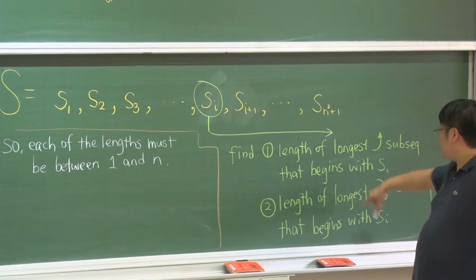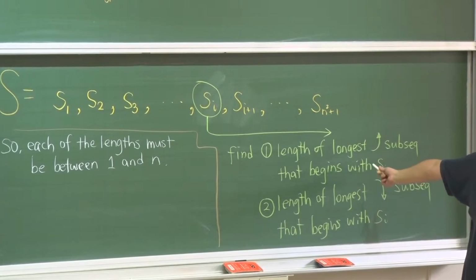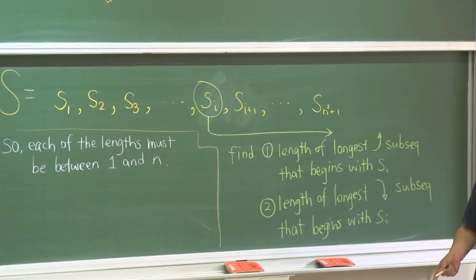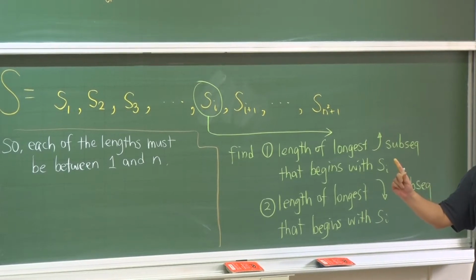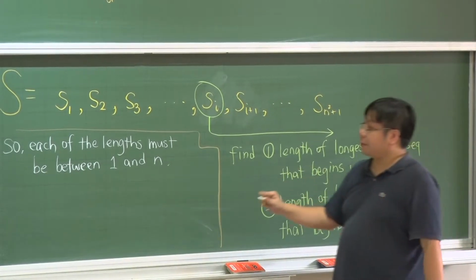So all the lengths, these are the lengths of the subsequences, right? All the lengths have to be between 1 and n. Okay? Now this is the first thing that we have.